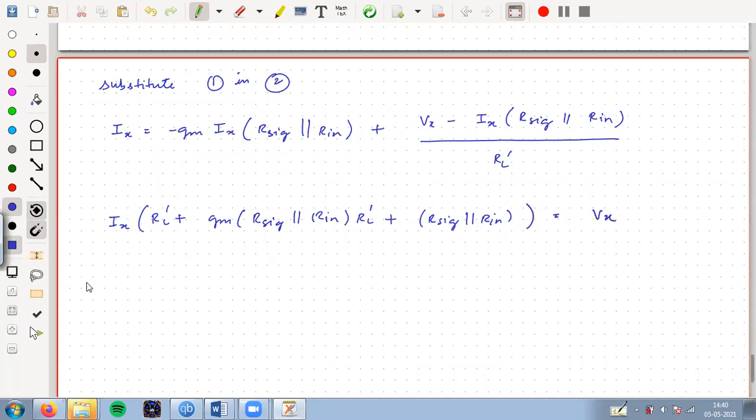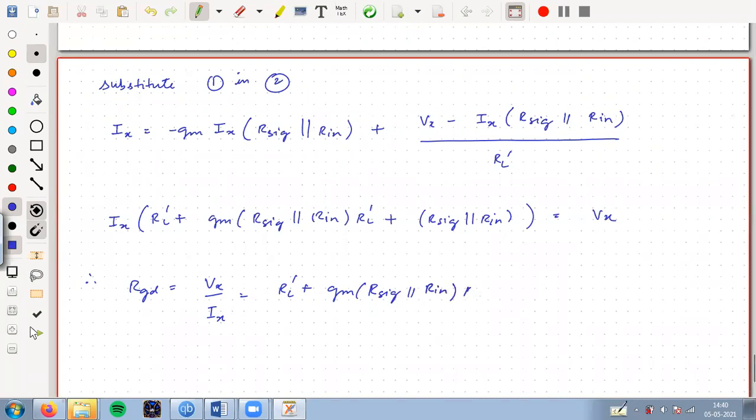Therefore RGD is equal to Vx by Ix, equals RL prime plus Gm into R signal parallel Rn into RL prime plus R signal parallel Rn.